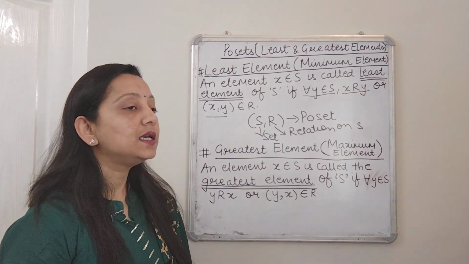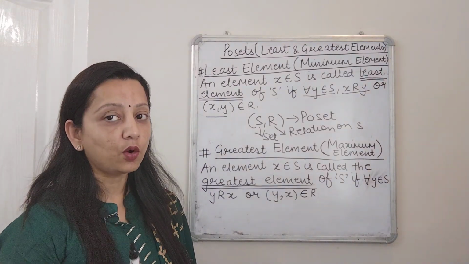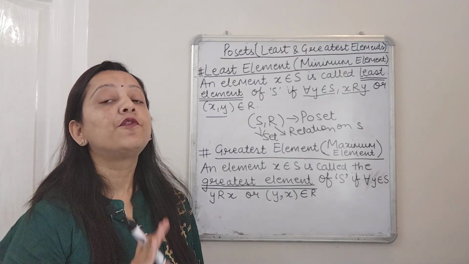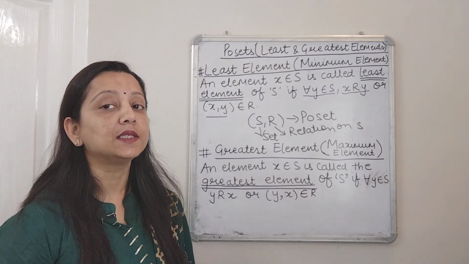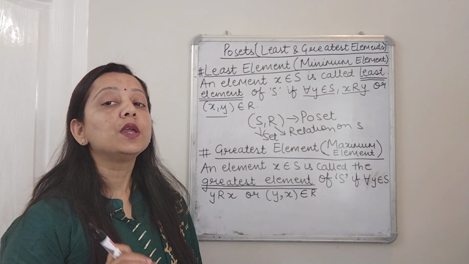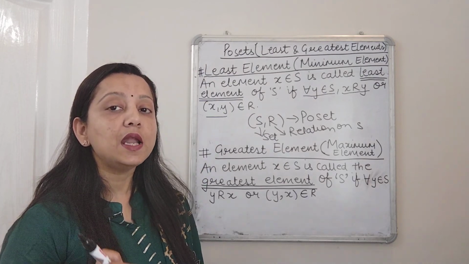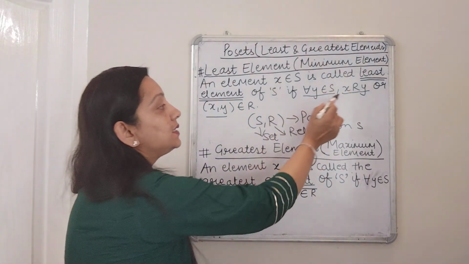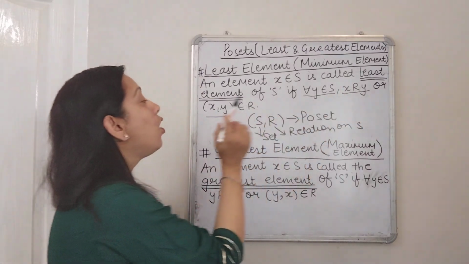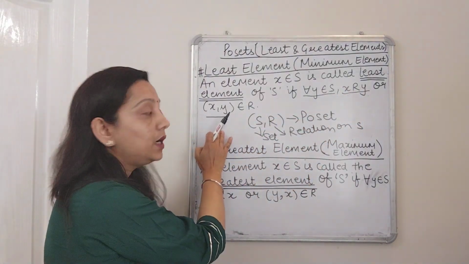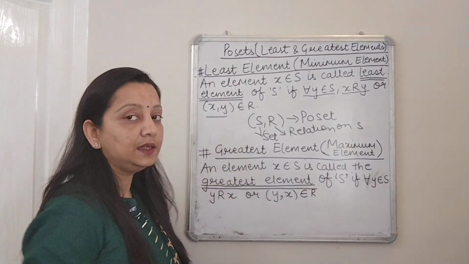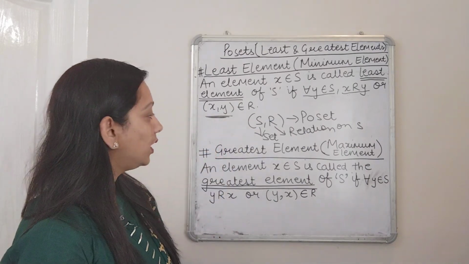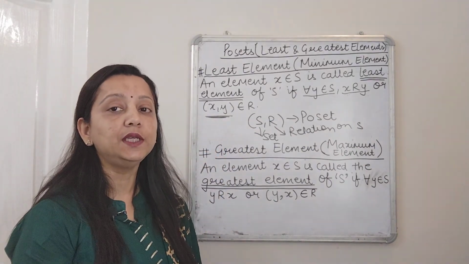That means if X is an element of set S and X is related to every other element Y of set S, then X would be called the least element. That is, X R Y: X is related to Y, which means that X is related to every element. So this was the definition of the least element.